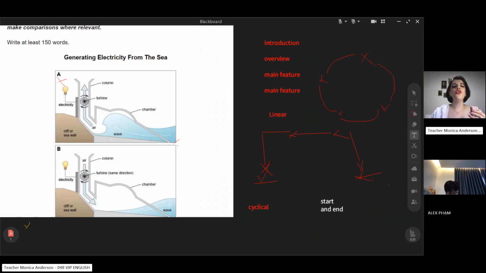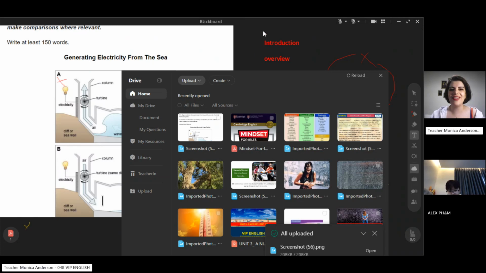Now you know the general and the most important points related to a process diagram. If you see the diagram, you know it. If it's linear or cyclical, that's really important. How many stages are there? What is the beginning, what is the end, and the raw material and product. So they are the main features. Now, is it clear? Yeah. Okay, very good.